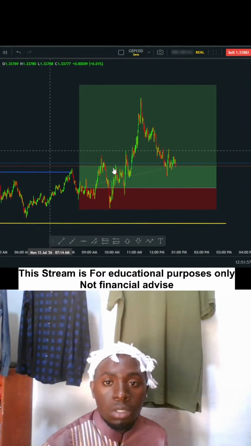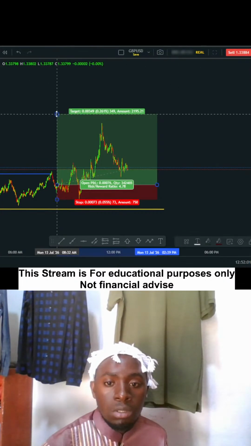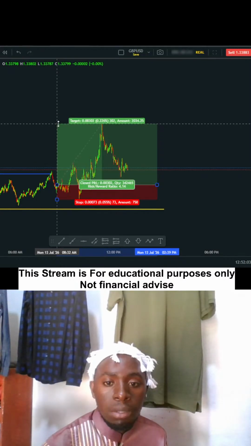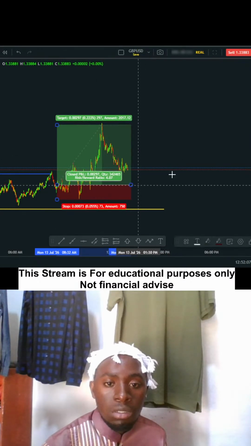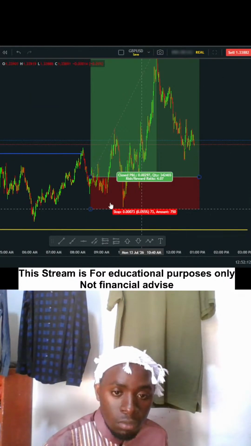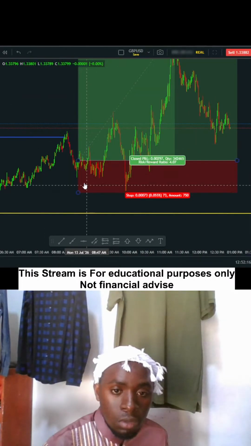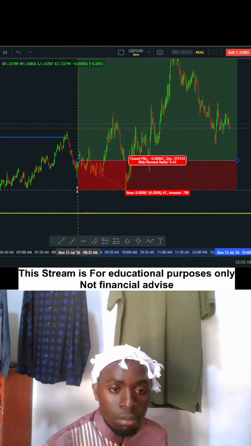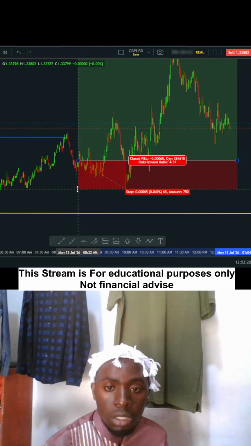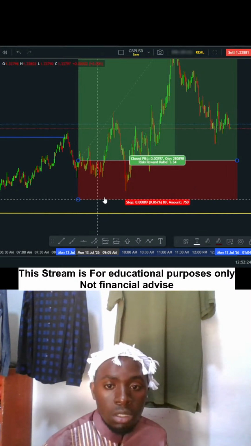My take profit would have been somewhere around there. Then my stop loss would definitely be below that protected high, but catering for the spread, somewhere there.